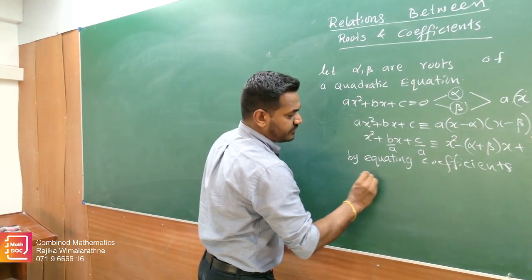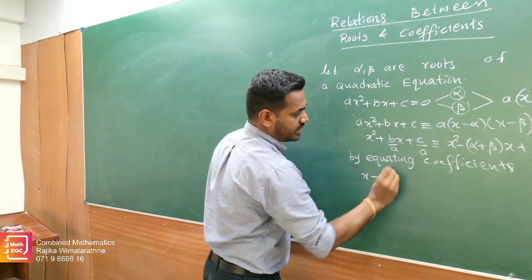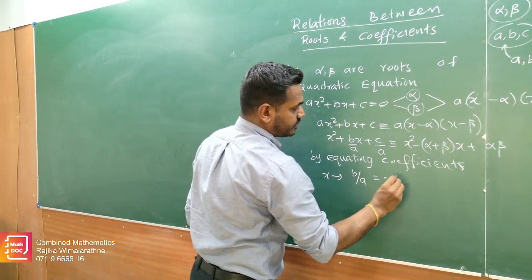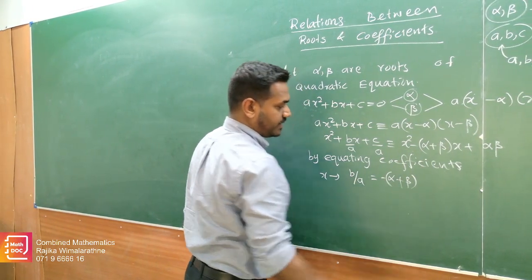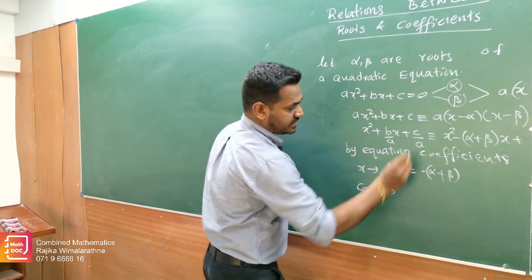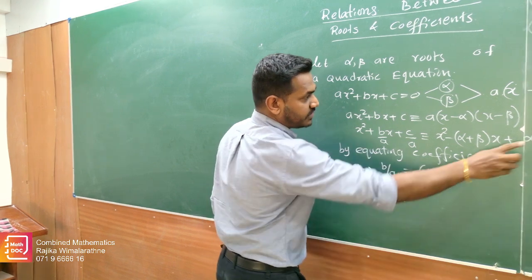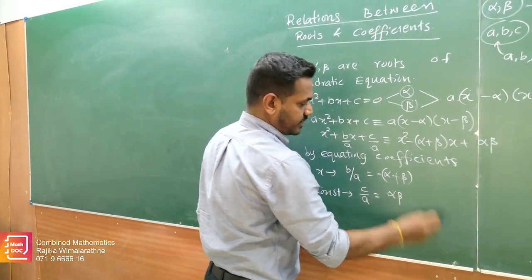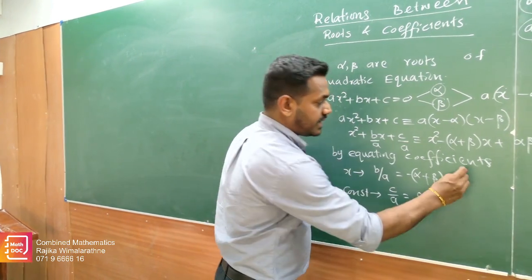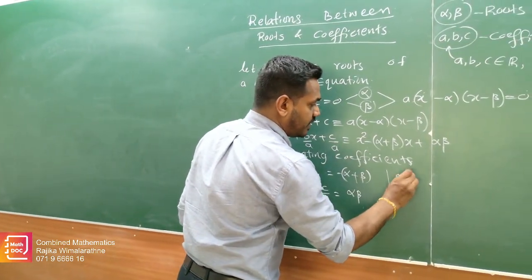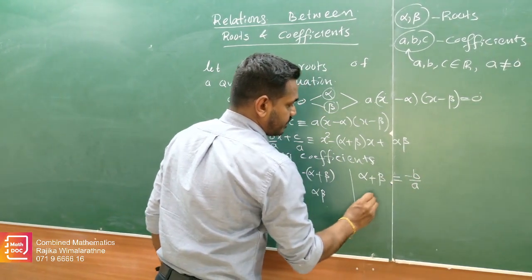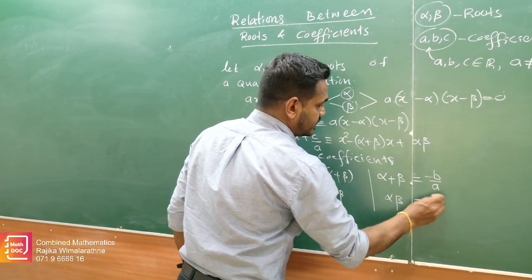you get the x coefficient. Here we have b divided by a, and here we have minus alpha plus beta. Then by equating constants, here c divided by a, and the corresponding constant here is alpha beta. Then the relation between roots and coefficients is this. Alpha plus beta, from now onwards we write minus b divided by a, and alpha beta we write c divided by a.